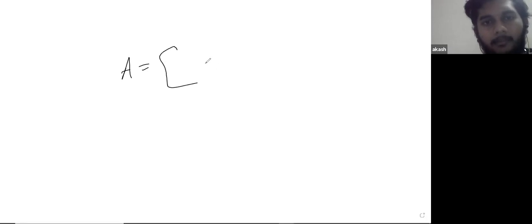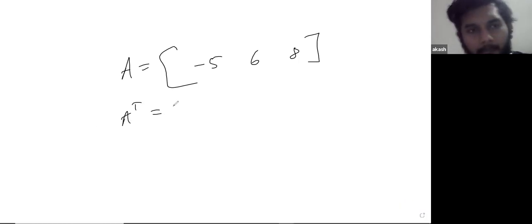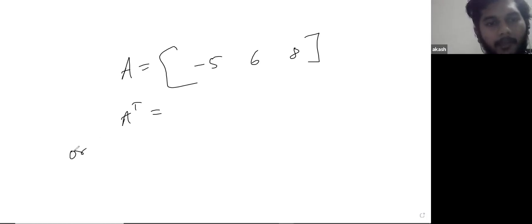Can you find A transpose? Tell me the order of A, the order of A transpose, and A transpose. These three you have to tell.